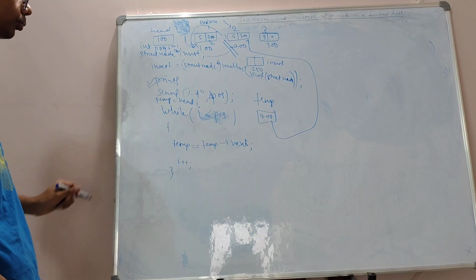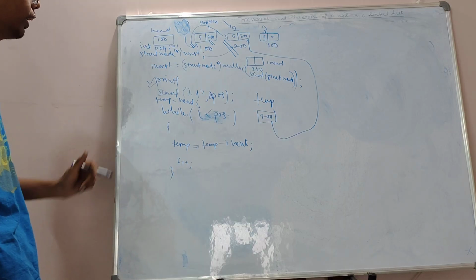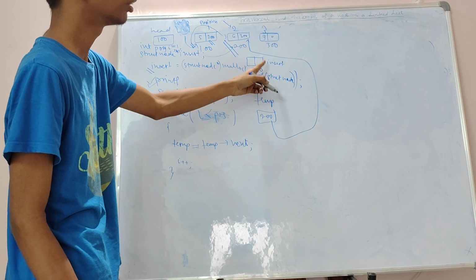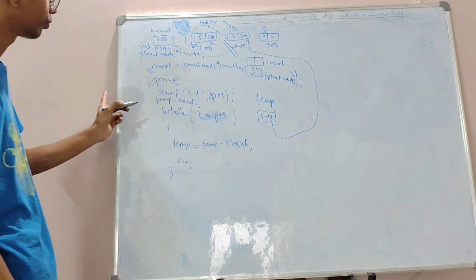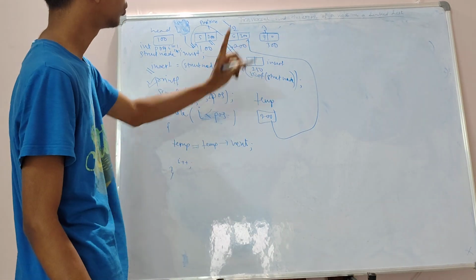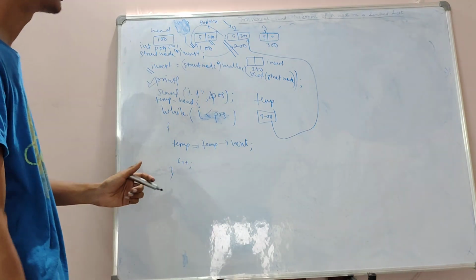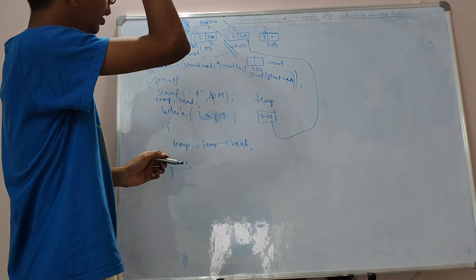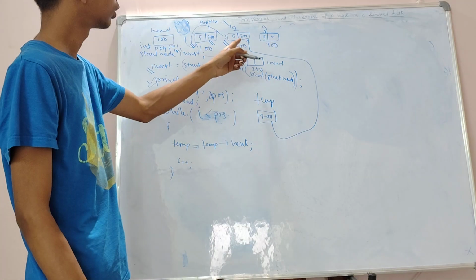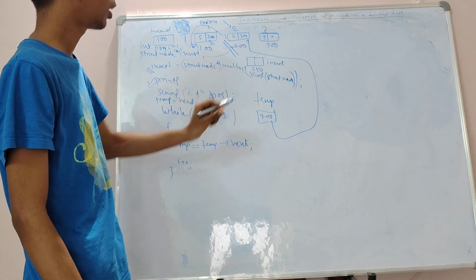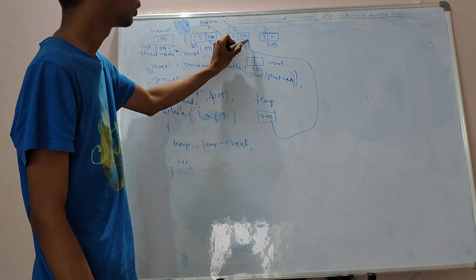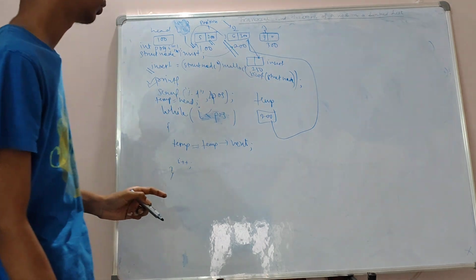Then insert has the address of this new node created and temp has the address of this. So I will simply store the address of temp inside insert, right?